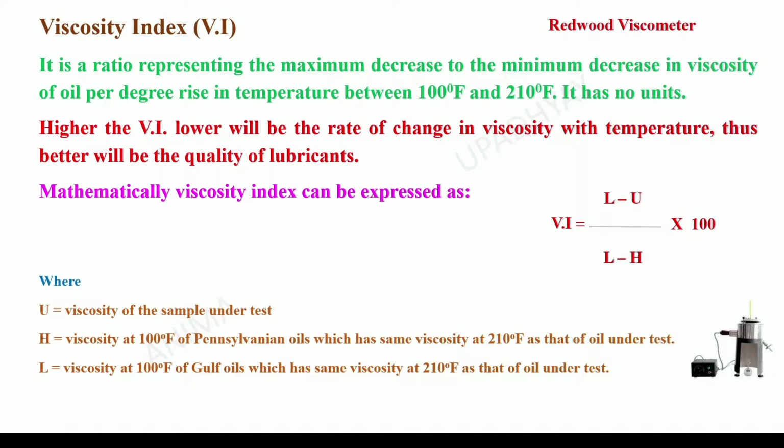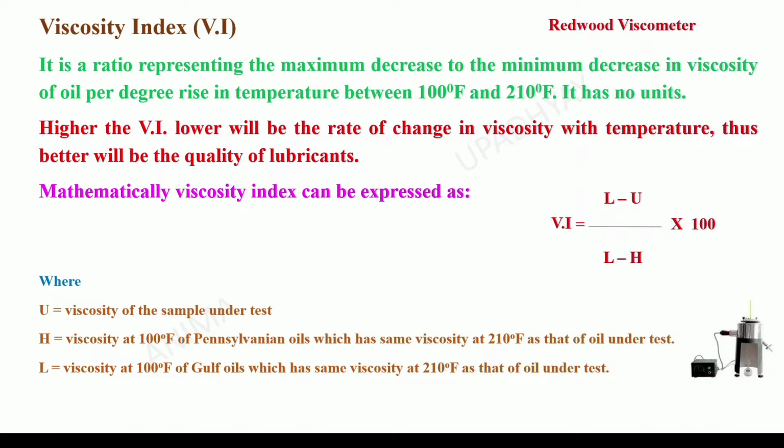L is the viscosity at 100 degree Fahrenheit of Gulf oils, which has the same viscosity at 210 degree Fahrenheit as the oil under test. And H is the viscosity at 100 degree Fahrenheit of Pennsylvanian oil, which has the same viscosity at 210 degree as that of the oil under test. So what do we understand by Pennsylvanian and Gulf oils?